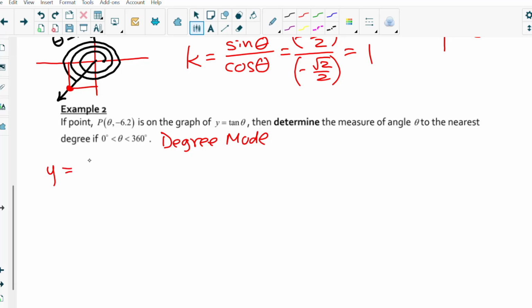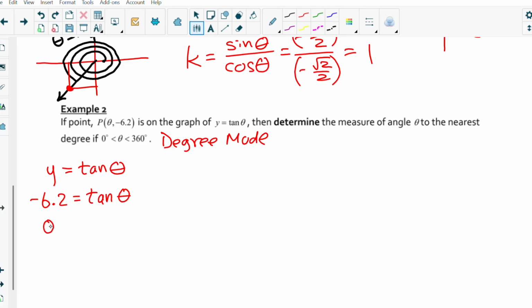So I have y equals tangent of theta. My y value is negative 6.2, and theta I do not know. I need to solve for theta. Remember, when we're solving for an angle, I need to take the absolute value of the tangent ratio. So this is what it looks like.